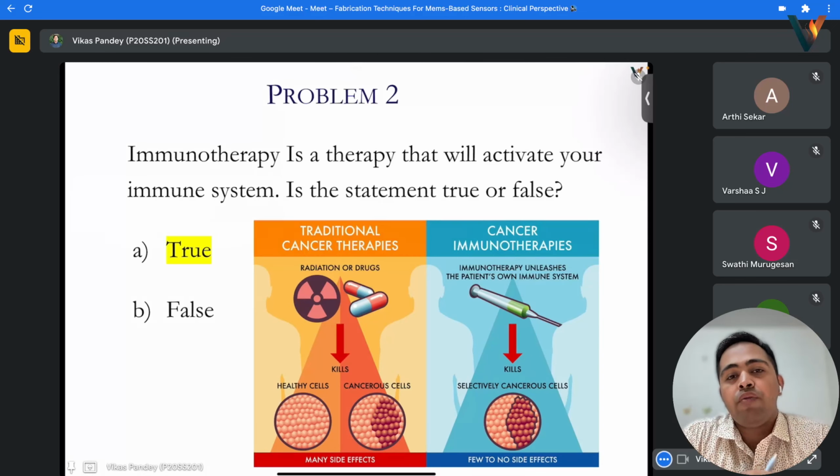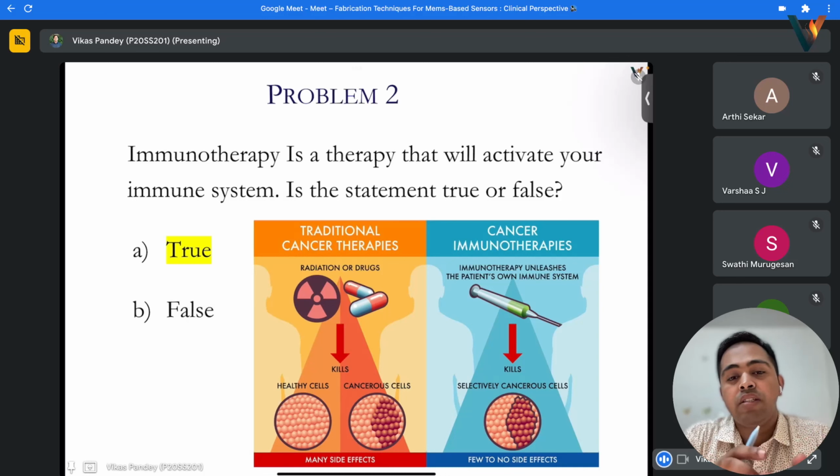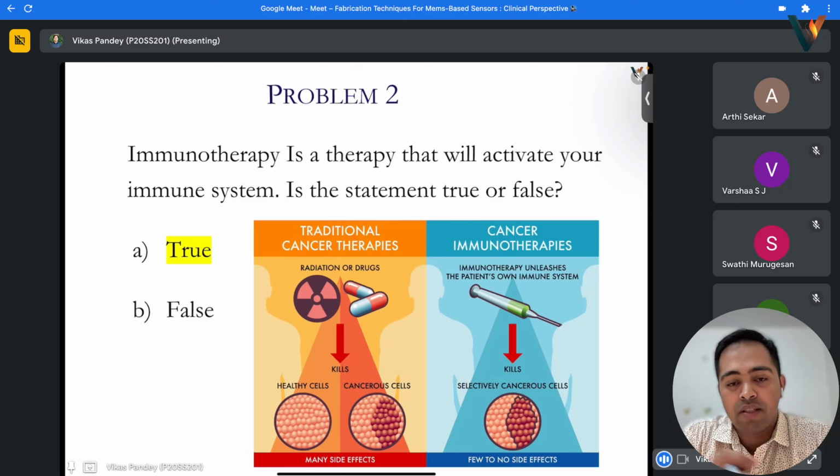But what if we could increase our immune system, like let our immune system do this, so it identifies which one is our natural cell and which is a cancerous cell, carcinogenic cells. The way in which we can use the power of our own immune system is by giving it some medicines and drugs that will activate it, and it will try to get rid of the cancerous cell.